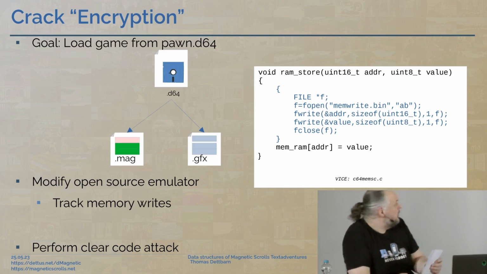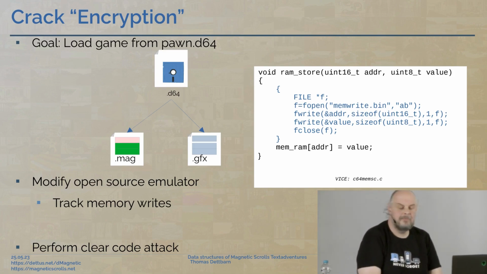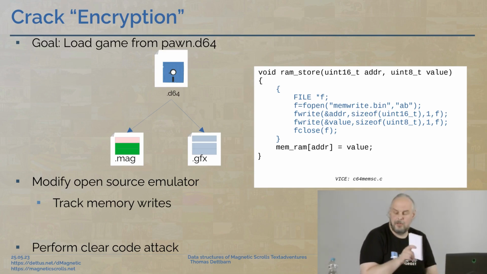So again, my goal was to start off with an emulator image file and be able to create those .mac and those .gfx files. My process was always that I took an open source emulator and changed the source code a little bit, so that I would be able to track all the memory writes.